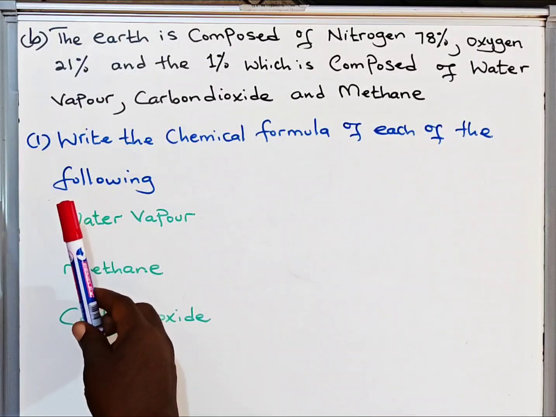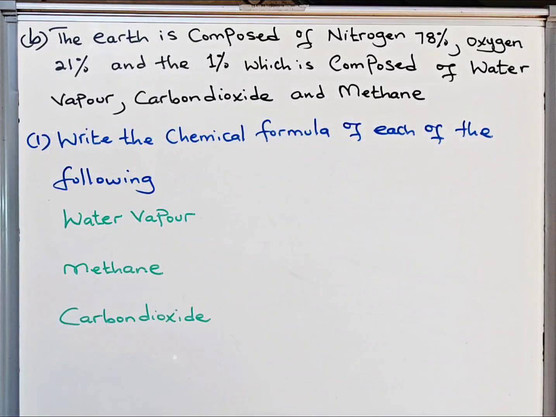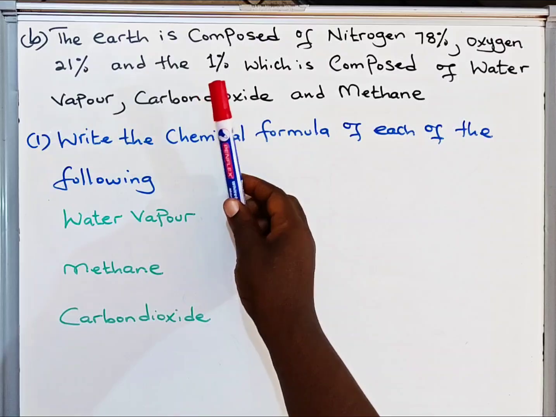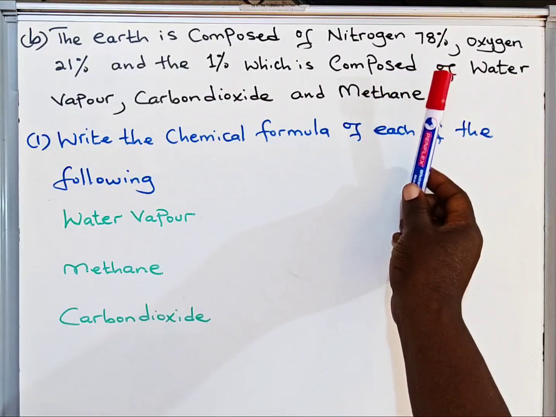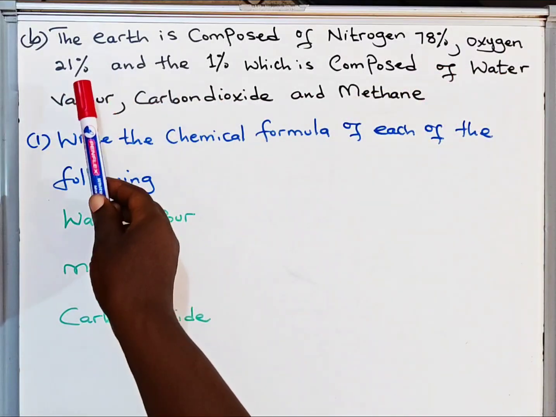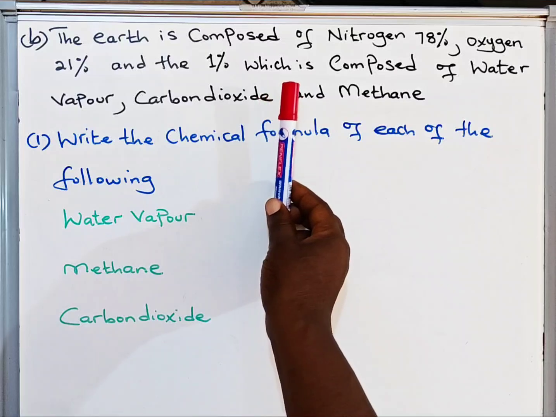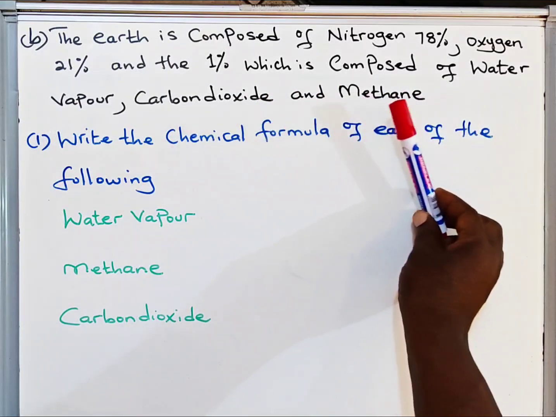When we come to this question, it says that the air is composed of nitrogen, which is 78%, oxygen, which is 21%, and the 1% is composed of water vapor, carbon dioxide, and methane.